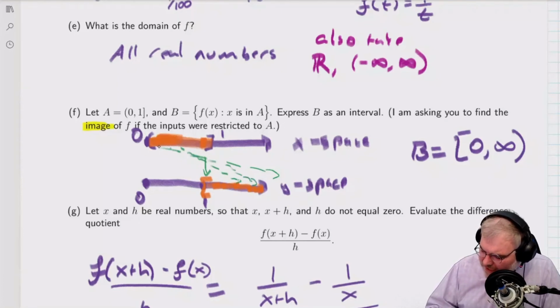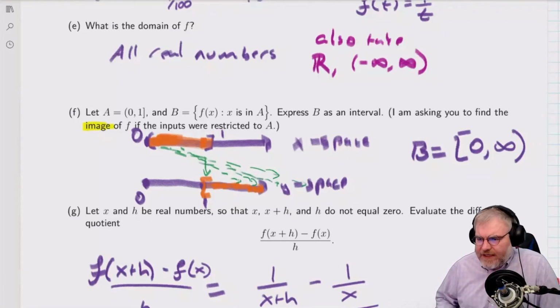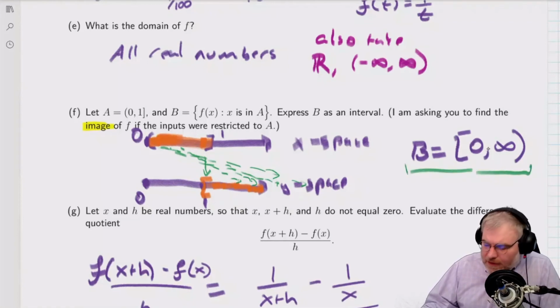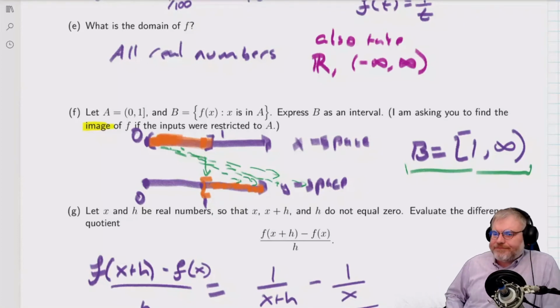If I put in 1/8, that maps up there to 8, and it goes on and on to infinity. So my output, my image of A is 0. I'm sorry, not 0, 1 to infinity. It's everything starting from 1 and going off to infinity.